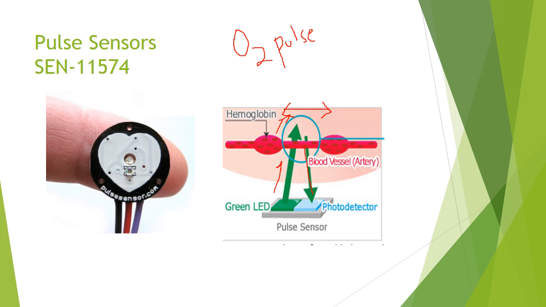So here, in the transmission pulse sensor, we have used a red color LED, but here we generally prefer green color. We can also use red color, but this type of sensor works well in indoor work.